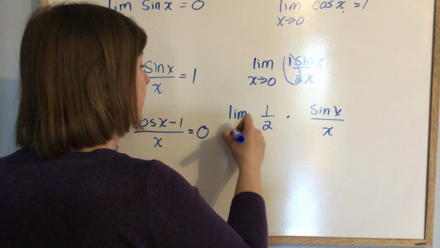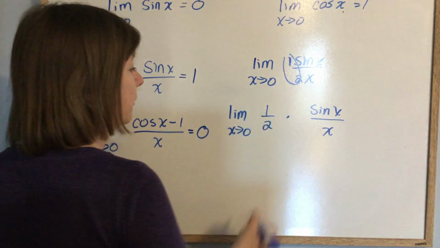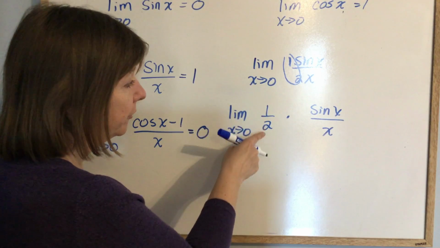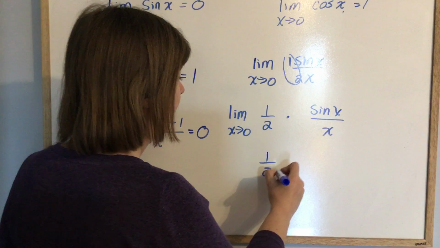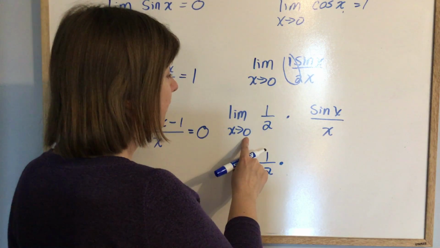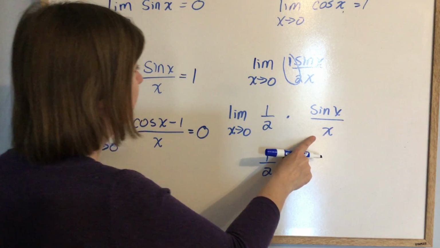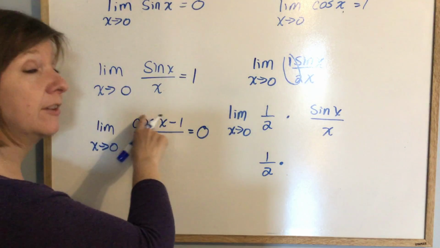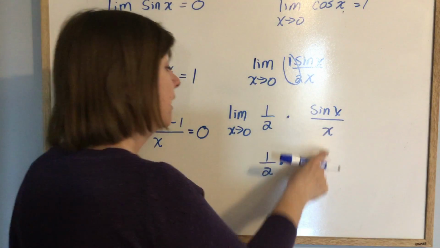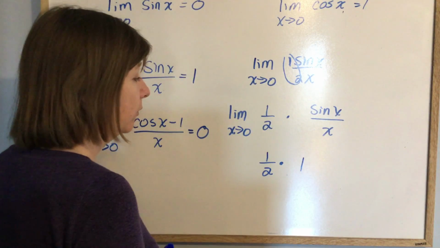And if my limit is that x is approaching 0, well, there is no x in this piece, so it just stays 1/2. But if my x is approaching 0 for sine x over x, and I know that my limit as x approaches 0 when I have a sine x over x is 1, I can just replace that with 1.